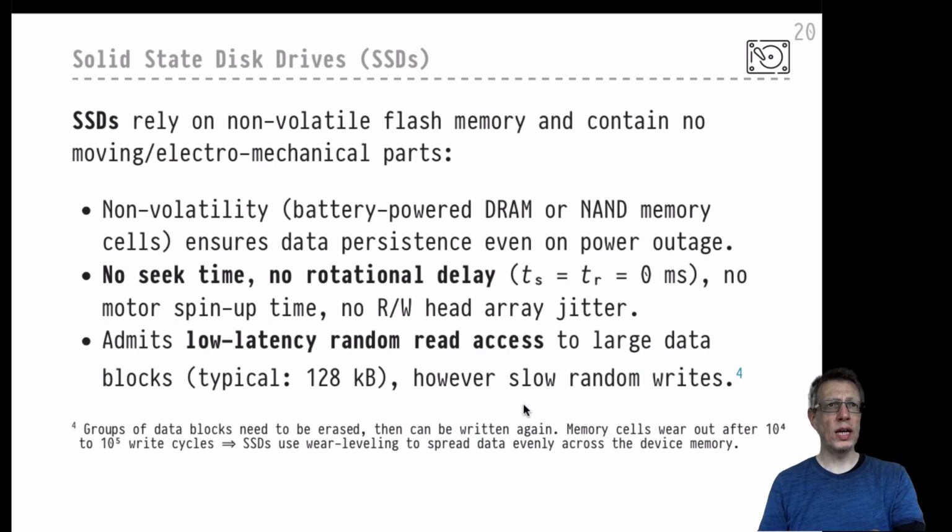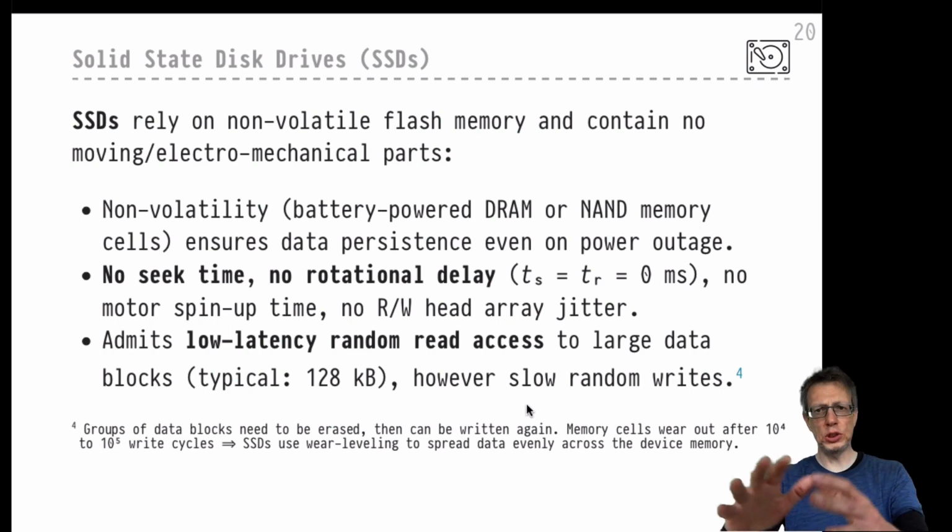There are other complicating factors, like the memory cells inside such an SSD wearing out after a particular number of write cycles. So the SSD has to make sure to spread information evenly across the memory space. But let's not concern ourselves with these details here.